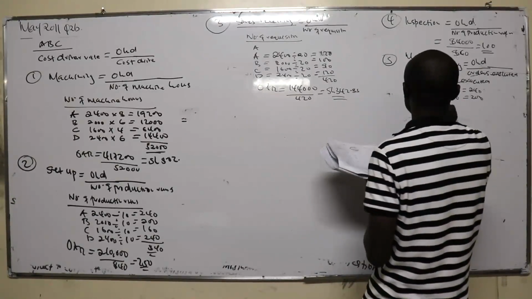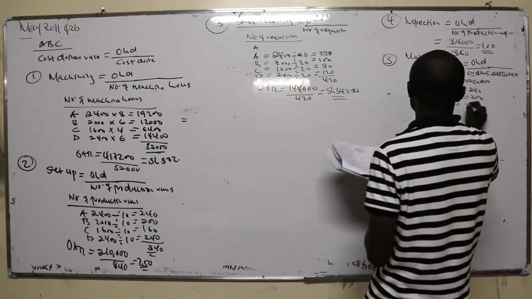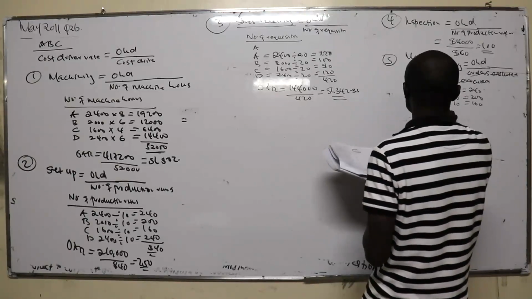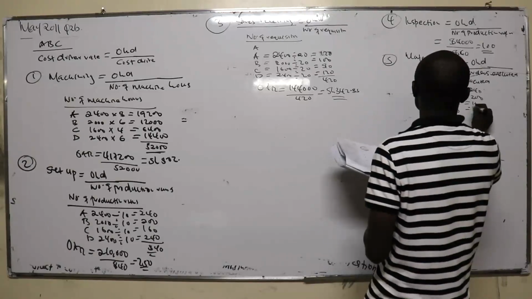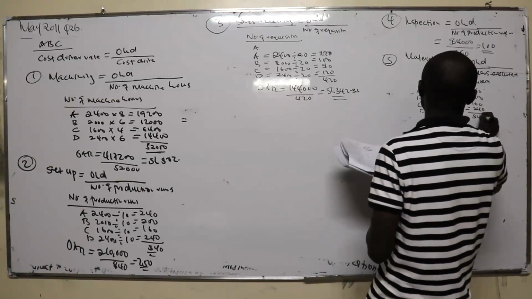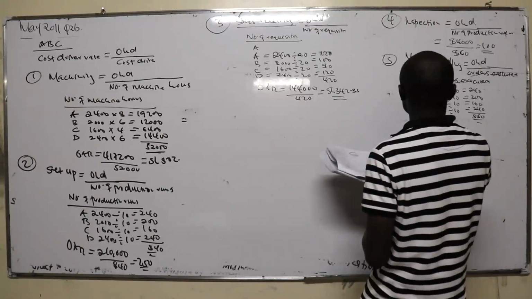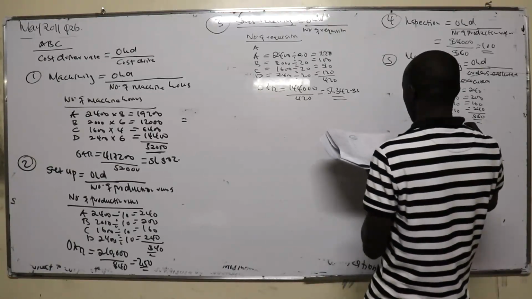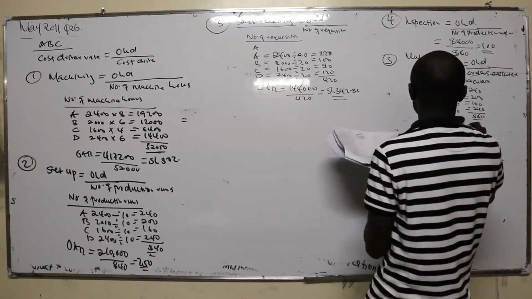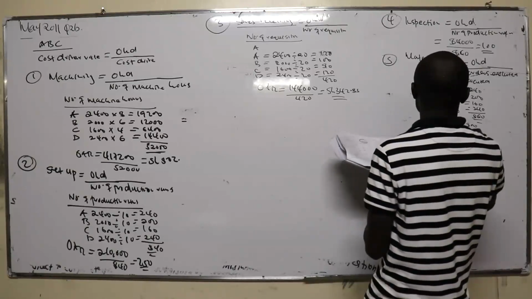Product C, 1,600 divided by 10, is 160. And product D is 2,400 divided by 10, which is 240. Total 840. So the overhead absorption rate is going to be the total overhead, which is 184,800, divided by 840.